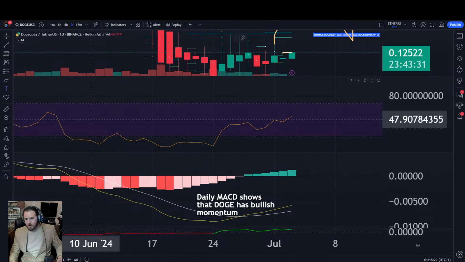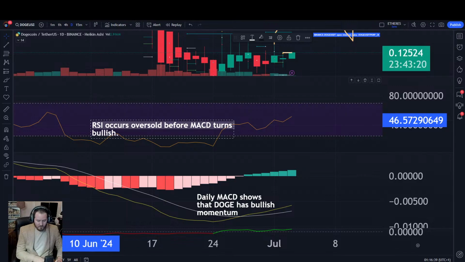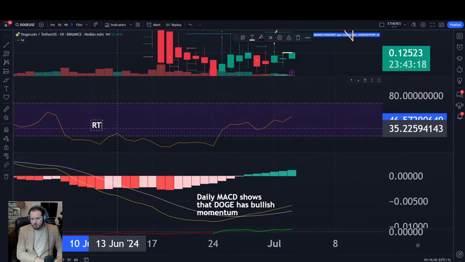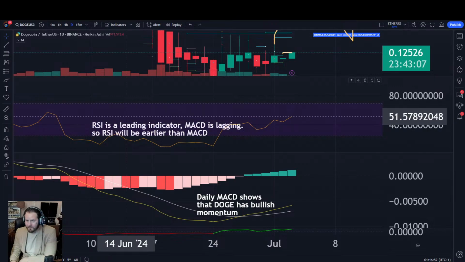So lesson learned, RSI occurs oversold before MACD turns bullish. RSI is a leading indicator. MACD is lagging. So RSI will be earlier than MACD for you guys interested.